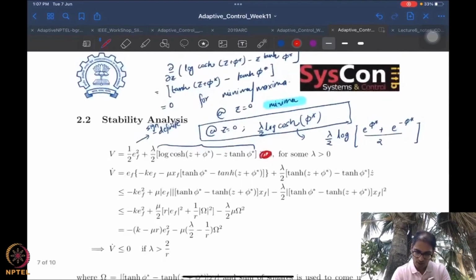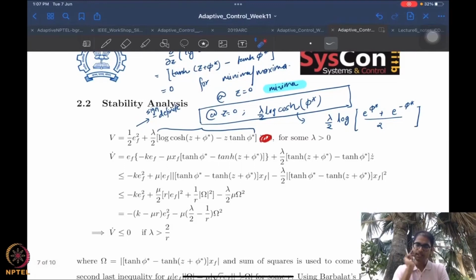So this is what I wanted to verify, that you have tan hyperbolic of z plus phi star equal to tan hyperbolic of phi star for the minima. And let's see if this becomes greater than or equal to 0 or not. So this is what I wanted to verify a little bit more carefully today.